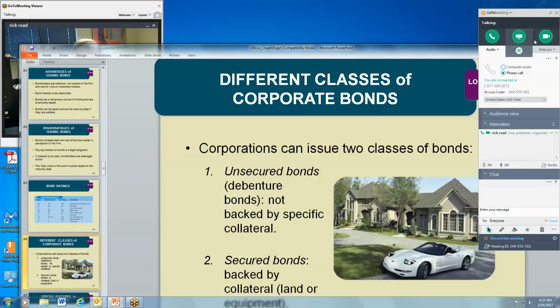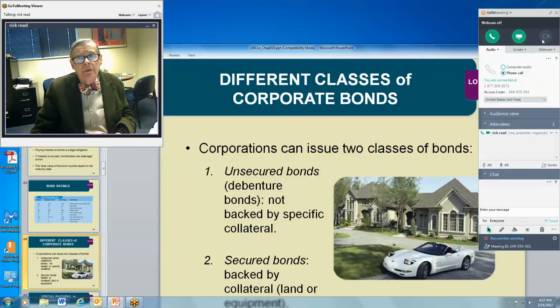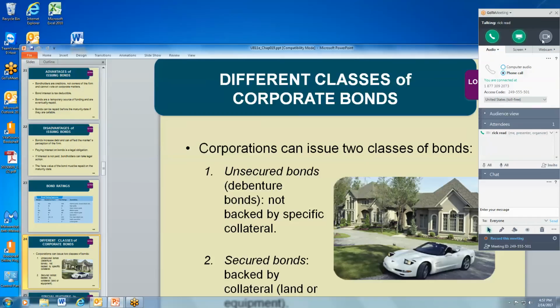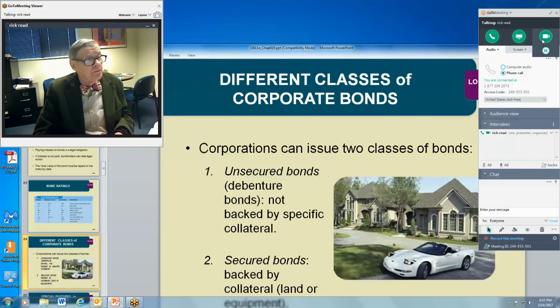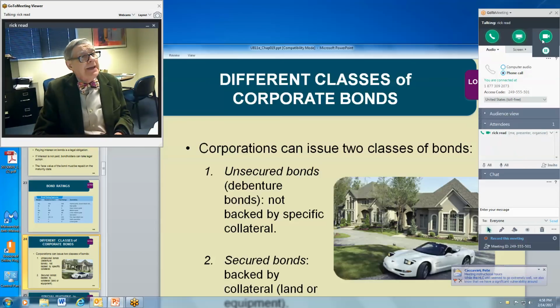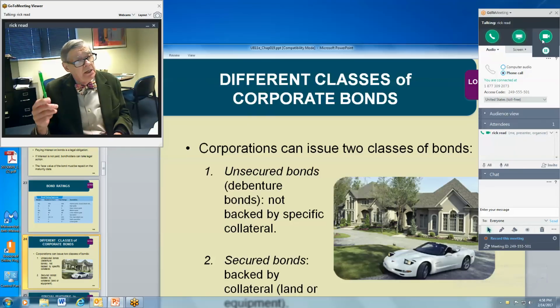Now, corporate bonds come in two different flavors, if you will. One is a secured bond, and the other is an unsecured bond. An unsecured bond is not backed by anything that is specific. Remember the term we're using here, collateral.